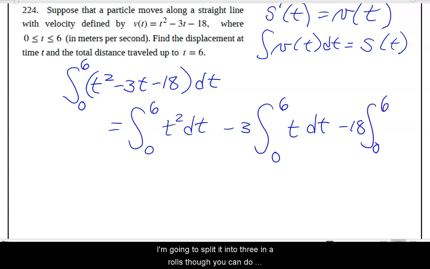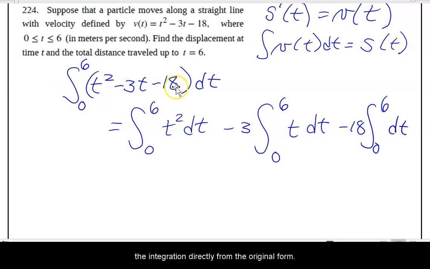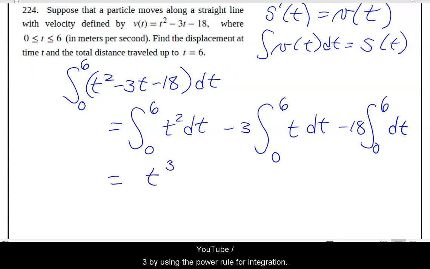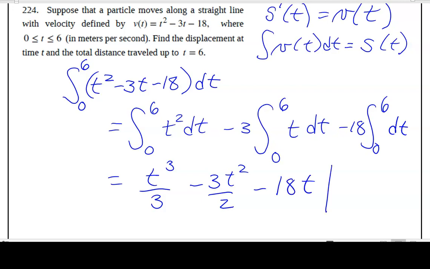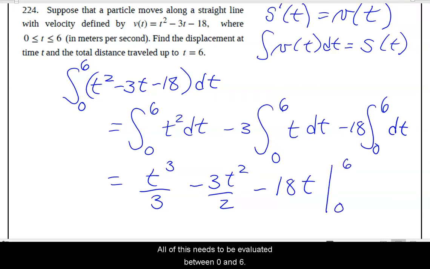I'm going to split it into 3 integrals, though you can do the integration directly from the original form. This would give me, as a result, t cubed divided by 3 by using the power rule for integration, minus 3t squared divided by 2, and minus 18t. All of this needs to be evaluated between 0 and 6.